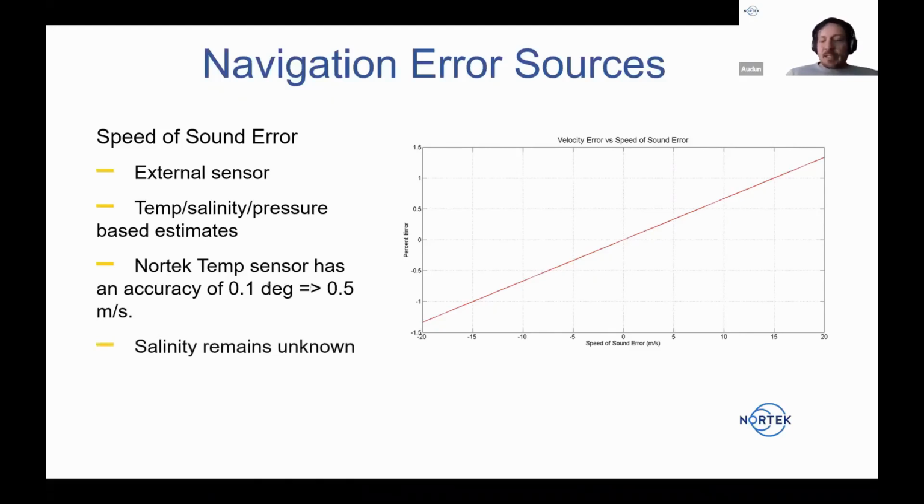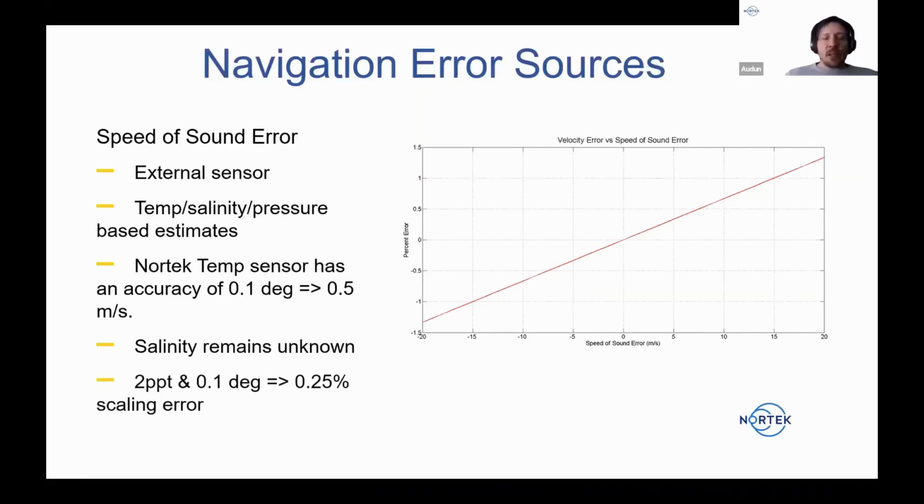So you have to either guess it, or maybe use a CTD cast and then hope that it just stays constant through your operation. So let's say you do that, you're off by 2 ppt maybe, and you have this 0.1 degree error.